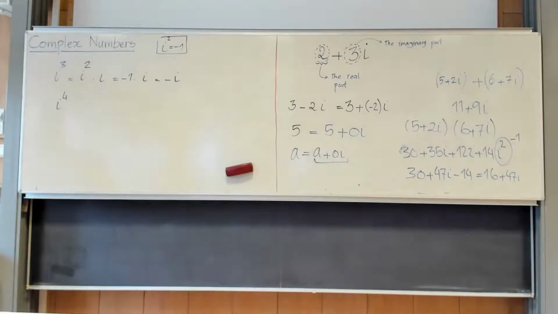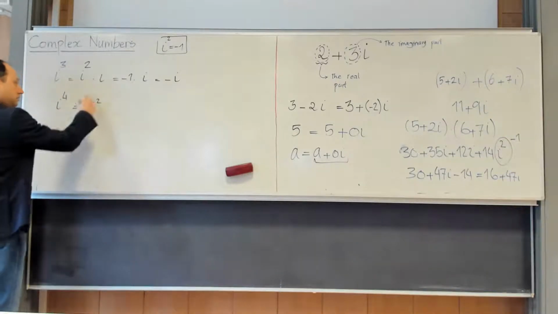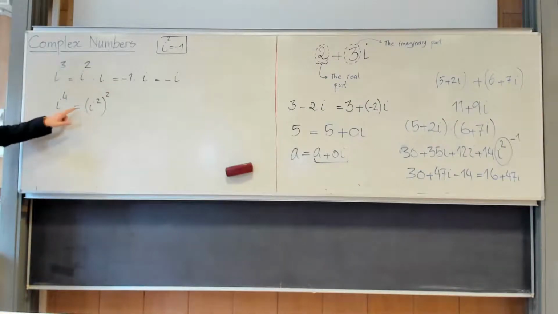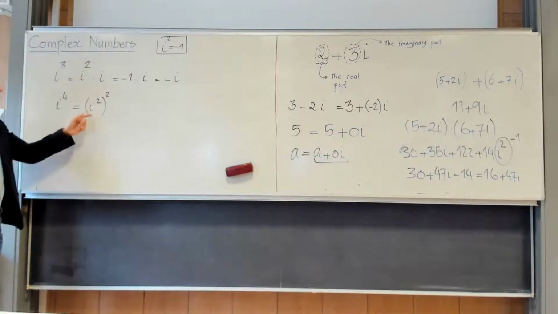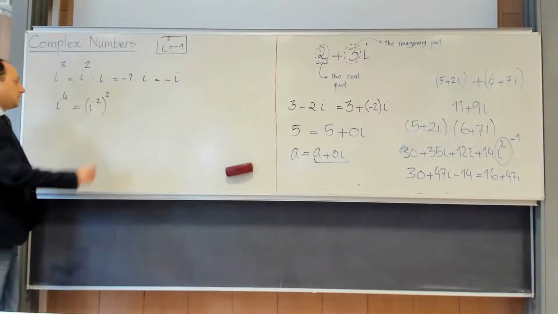i squared, -1. No, no, it's 1. Yes, as you said. Because i to the power of 4 is i squared to the power of 2. Agree? Why have I written this? Because this is the rule of the game from my previous learning. But today, we just learned one new rule. Instead of i squared, I put -1 here.